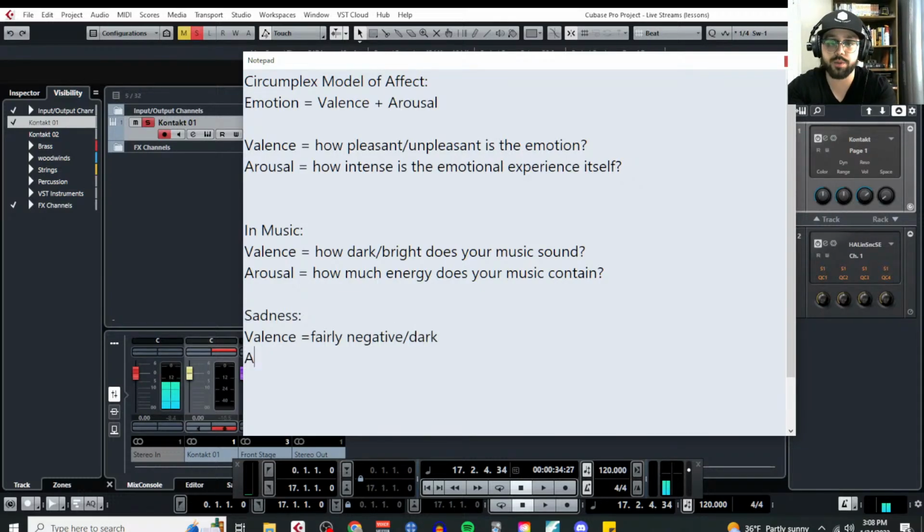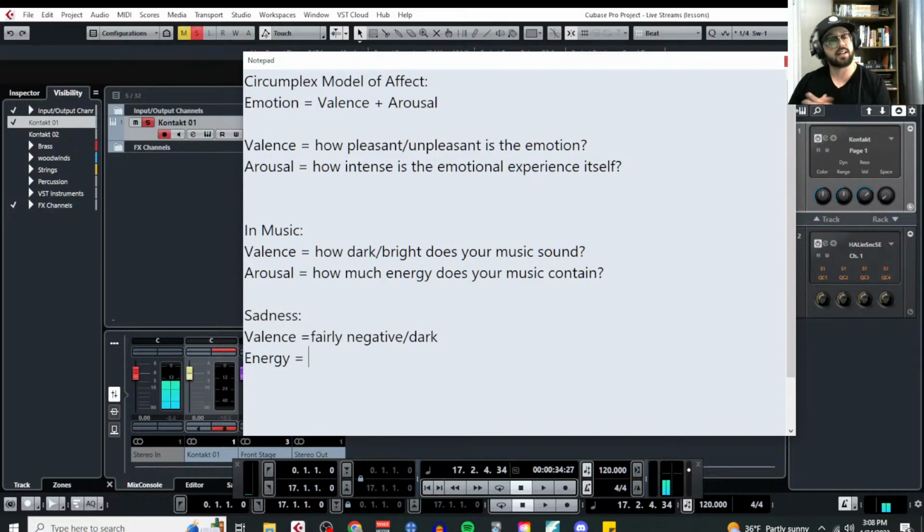And then arousal, which we shall from now on call energy, so that there's no confusion. Energy, how intense is this emotion? I'd say sadness is fairly intense, but you've got to think of it almost like a lower energy. You can think of it like how much energy do you have as you experience this emotion.